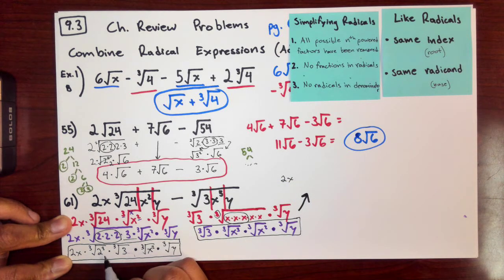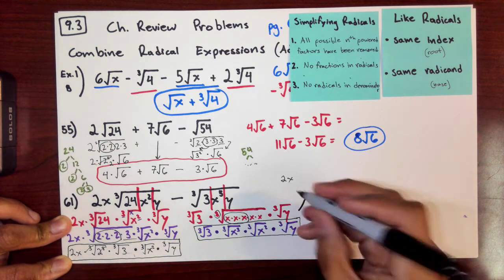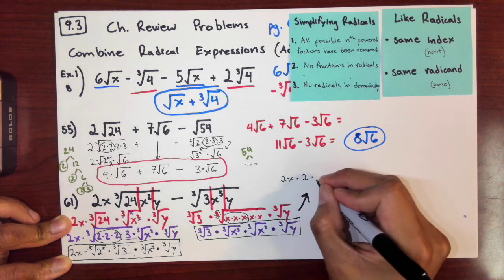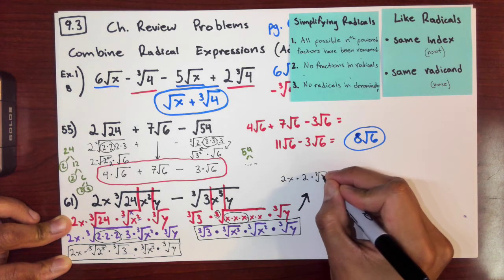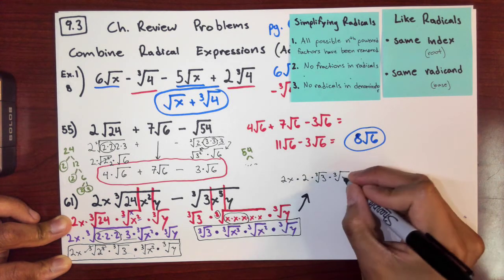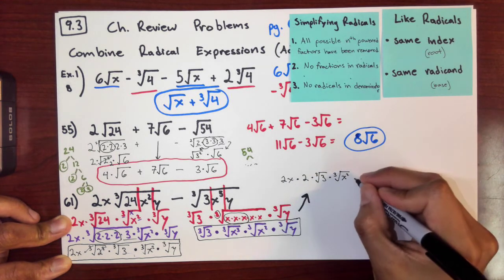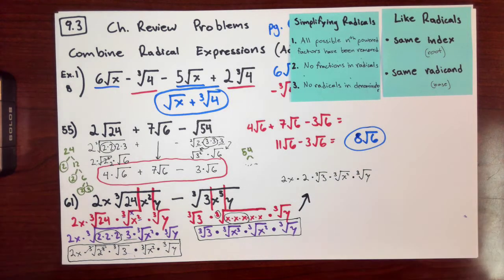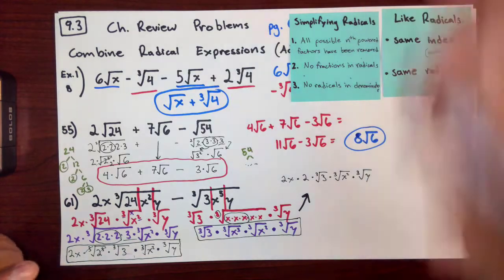The cube root of 2 cubed, these are going to cancel out, and that's just going to be 2. So times 2 times the cube root of 3 times the cube root of x squared times the cube root of y. Okay, so that's the first part there.